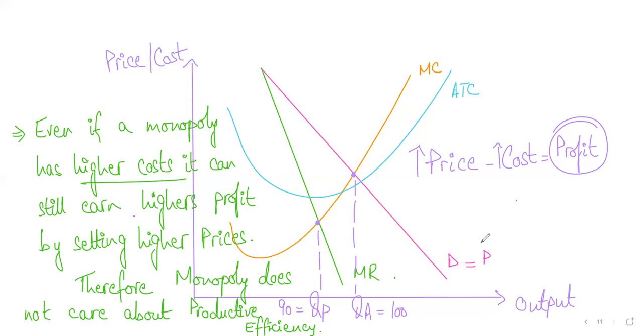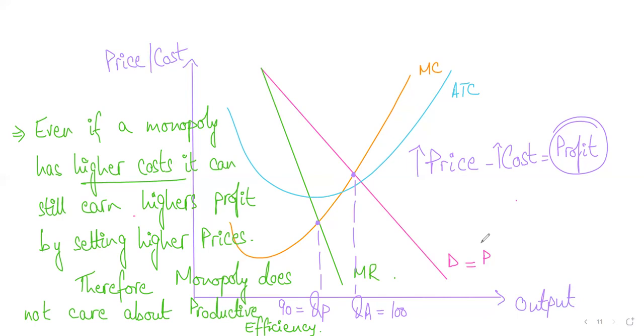Now that restaurant will be a monopoly in itself because there's no other restaurant competing by selling the same food. So that restaurant can charge higher prices to its customers, even if it's inefficient, even if their chef costs a lot, even if the rent is very high, even if they have higher charges for electricity and other overheads.